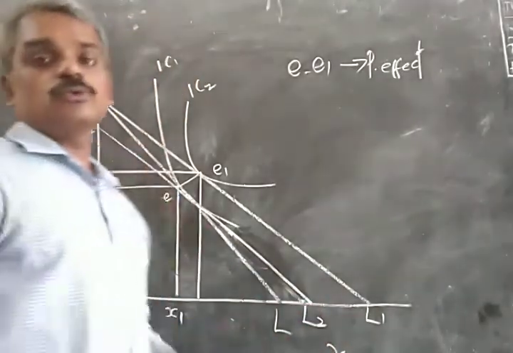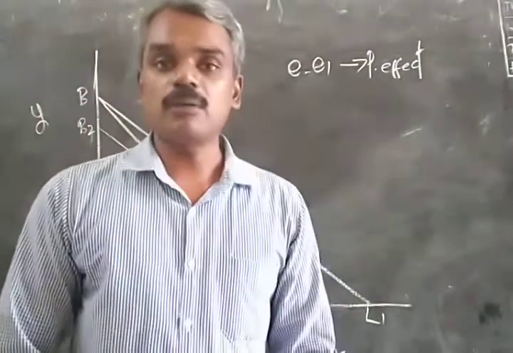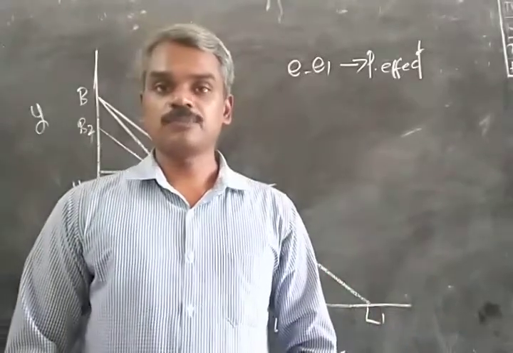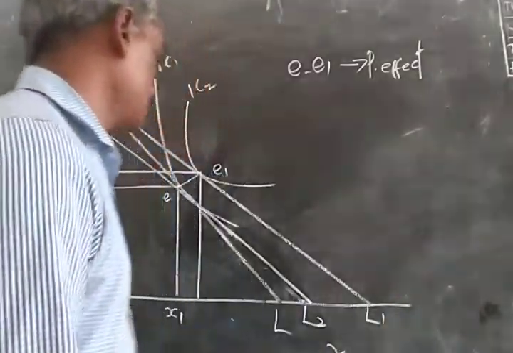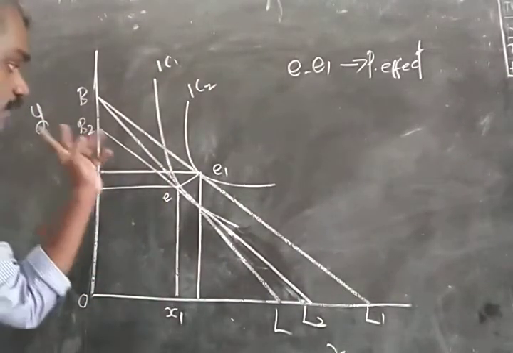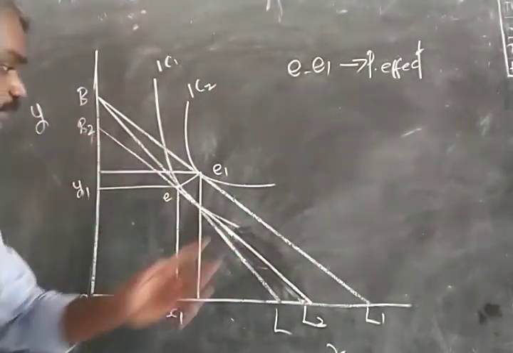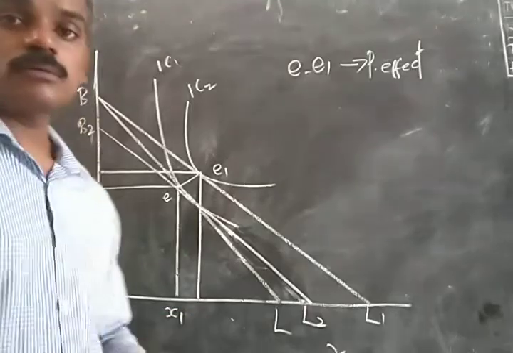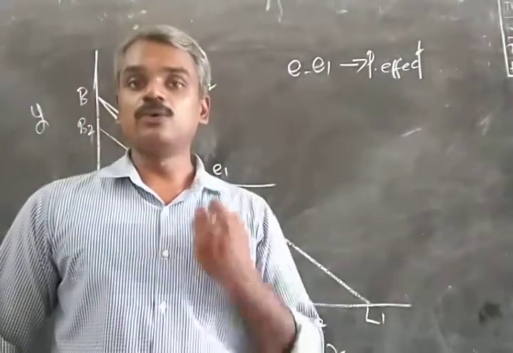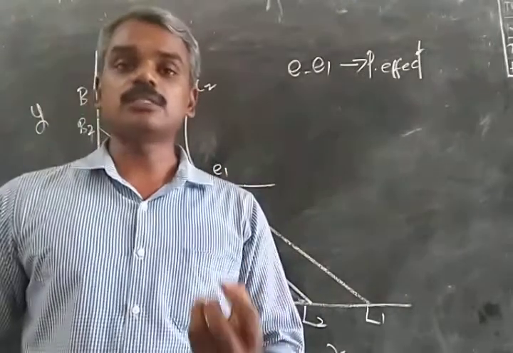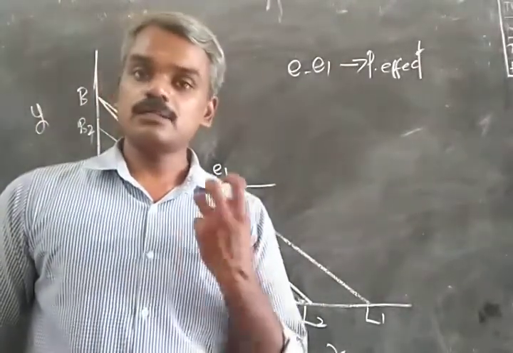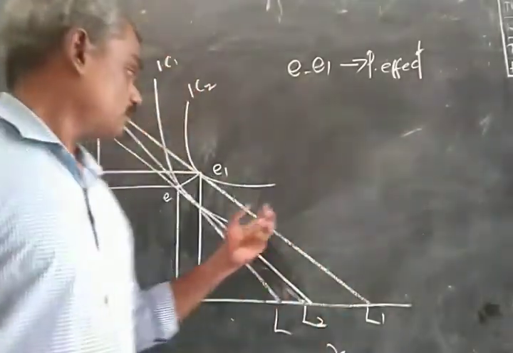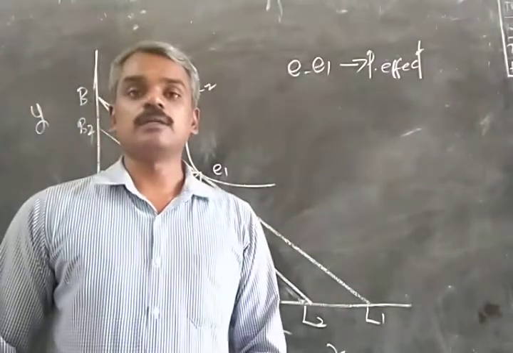Now, in order to give the consumer the same level of satisfaction as he was enjoying before the fall in the price, we are reducing his real income by a certain proportion, and when we reduce his real income, his budget line will shift downwards to B2L2. The condition for redrawing the budget line is that he should be enjoying the same level of satisfaction as he enjoyed before the fall in price, and also the price ratios should remain the same.